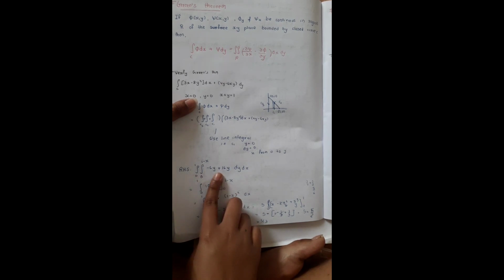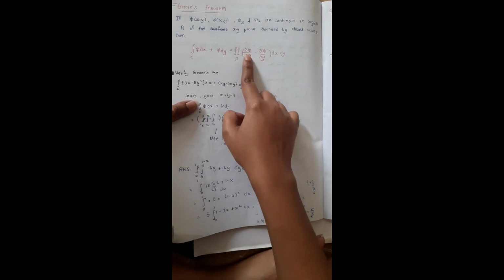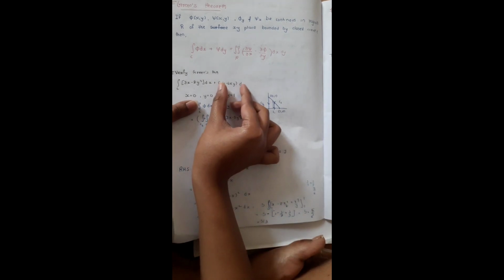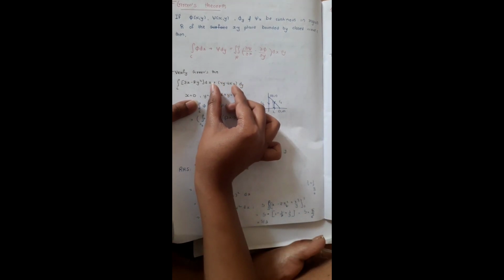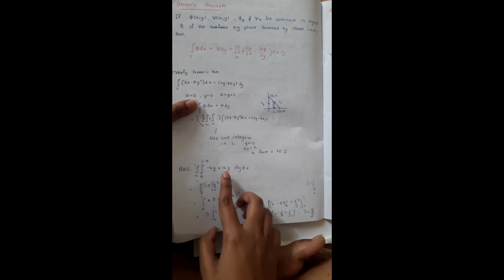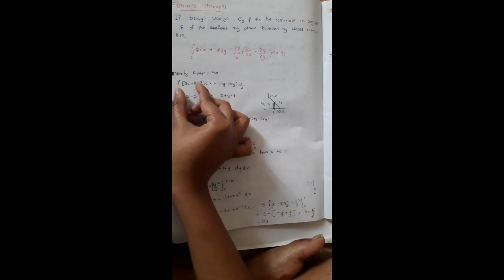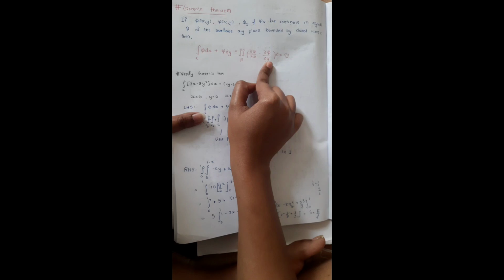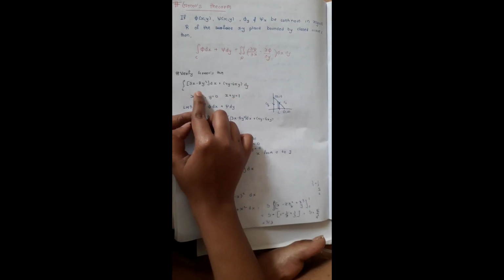And then I have done nothing but del phi. What is del phi? This is basically phi. I have differentiated it with respect to x, so it would be minus 6x minus 6y. And this term, phi, I have differentiated with respect to y, so it would be minus 16y.